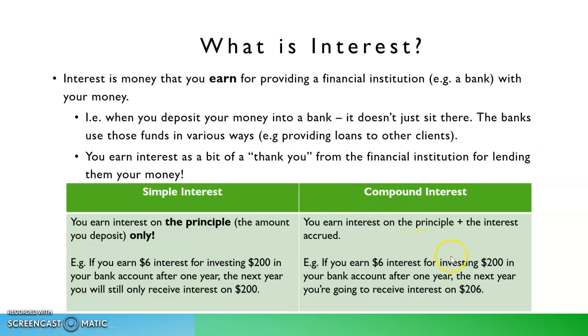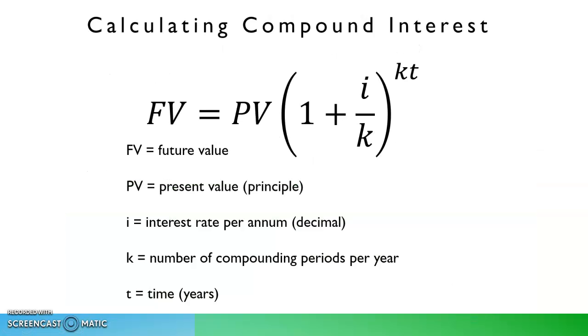So, for example, if you invest $200 into a bank account and get $6 interest in that first year, the next time that interest is compounded, you're going to get interest upon $206, okay? So they've added together your principal, the amount you deposit, and the amount of interest you've earned, and they calculate the compound interest upon that. Hope that makes sense to you guys.